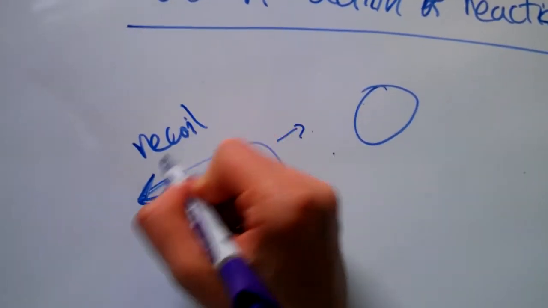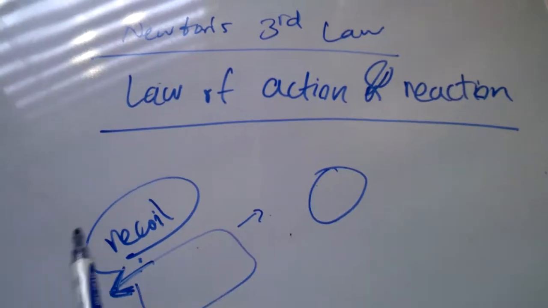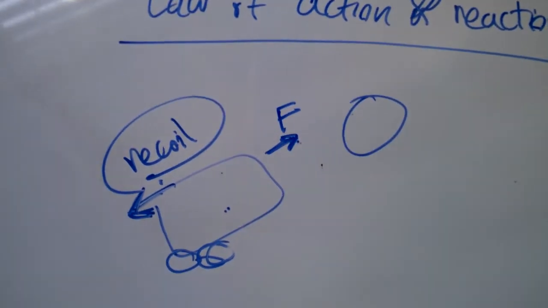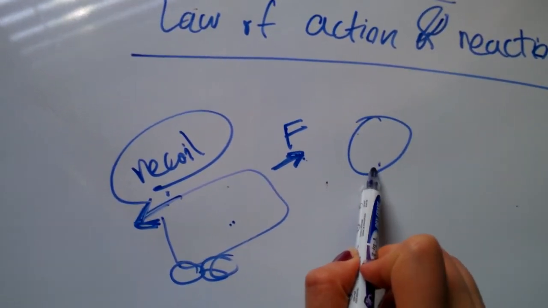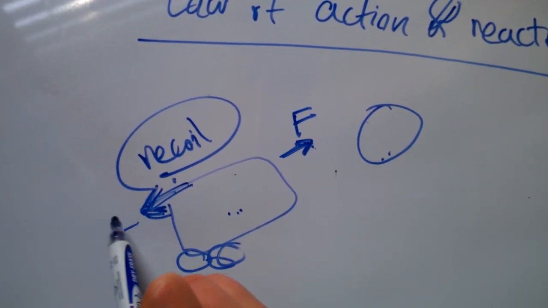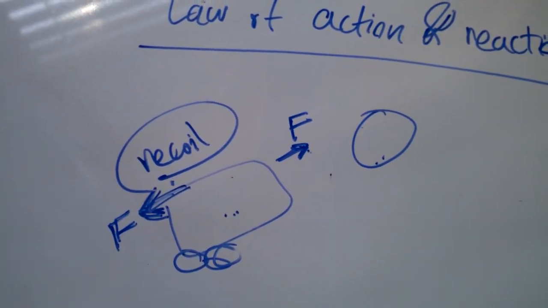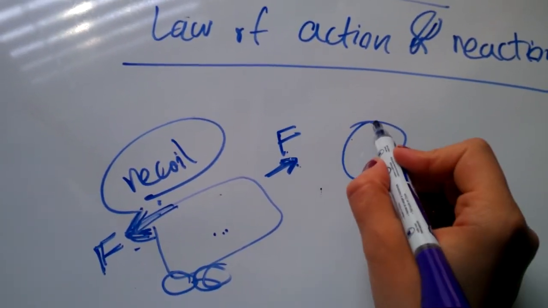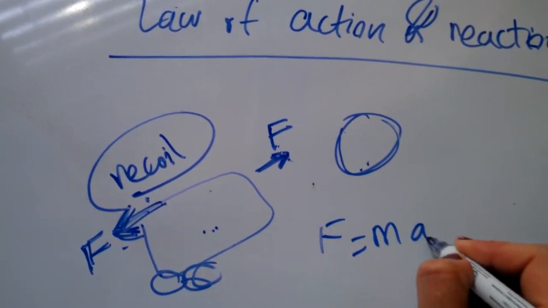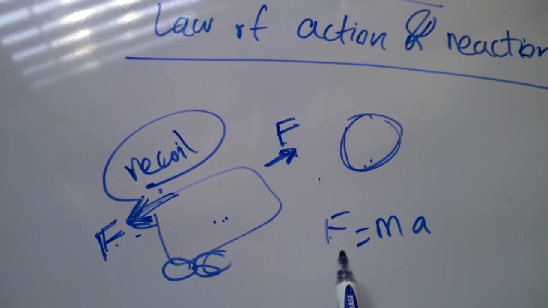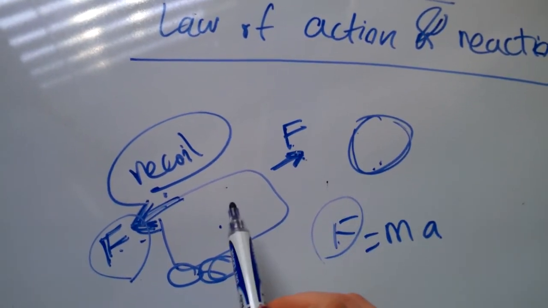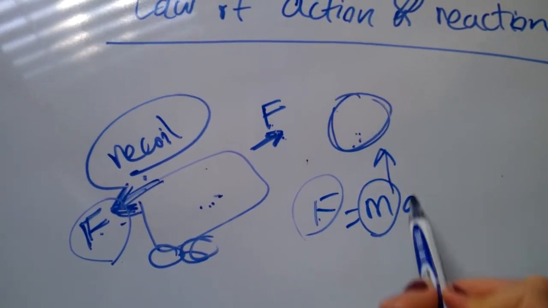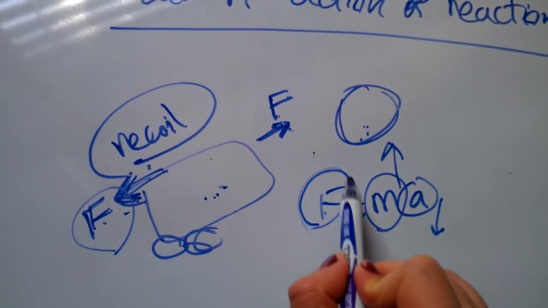So this recoil is due to Newton's third law, which means that if the cannon pushes the ball with this force of F, the ball pushes the cannon in the opposite direction, but the exact same amount. Because the forces are exactly the same amount, and because force is m times a, and the cannon itself is so much bigger than the ball, so this mass is way bigger. That's why its acceleration is way smaller, just because the forces are the same.